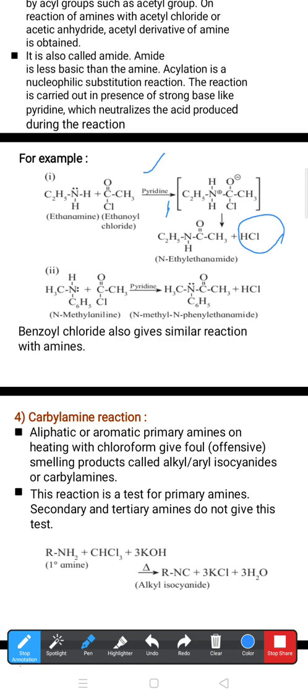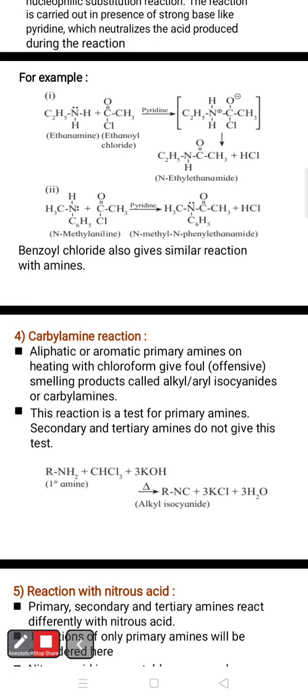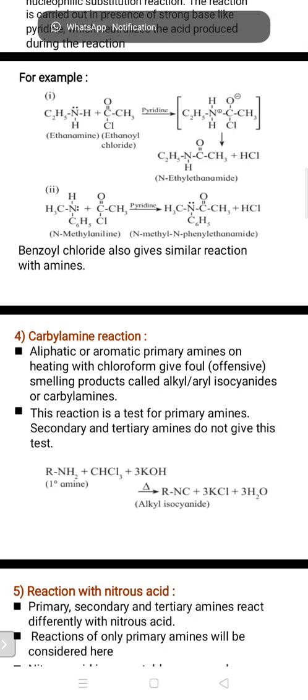Carbylamine reaction. In the carbylamine reaction, aliphatic or aromatic primary amines on heating with chloroform and alcoholic KOH give foul smelling products called alkyl or aryl isocyanides or carbylamines. And this reaction is a test for primary amines.